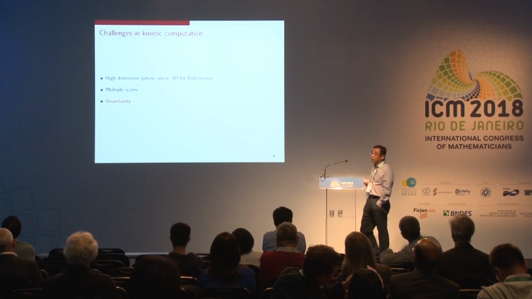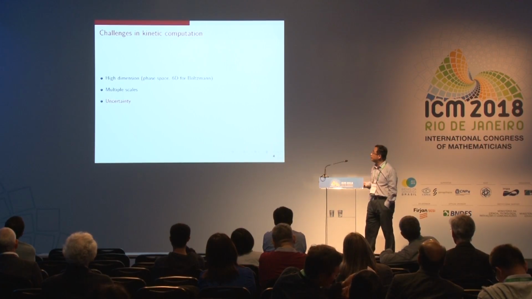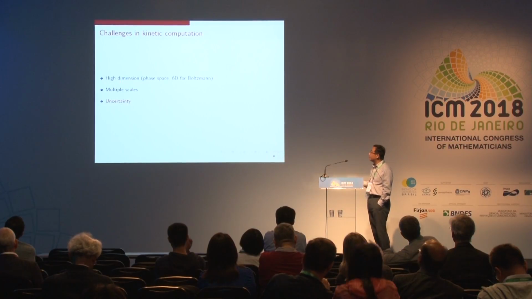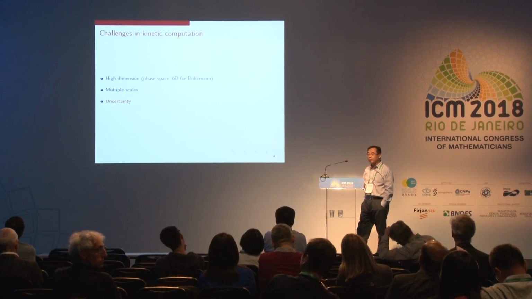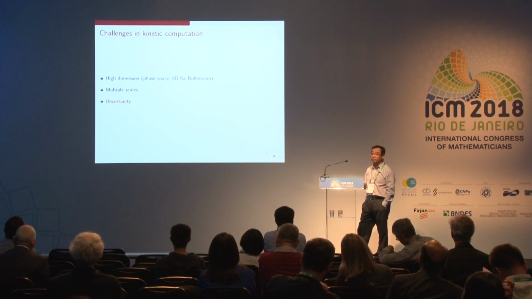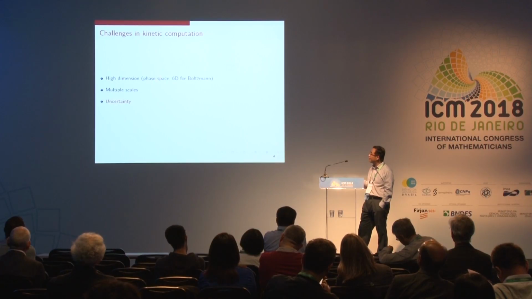This is my summary of the computational challenges for kinetic modeling and simulation. The first one is high dimension, because kinetic theory describes particle distributions in the phase space. So it's already 6 dimensions compared to 3-dimensional fluid dynamics. You already have the curse of dimensionality at that level.